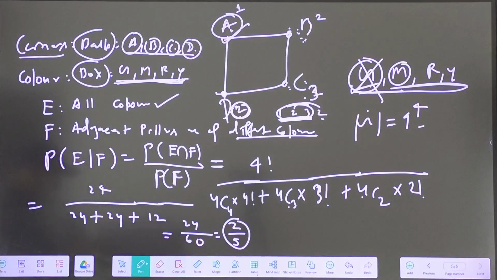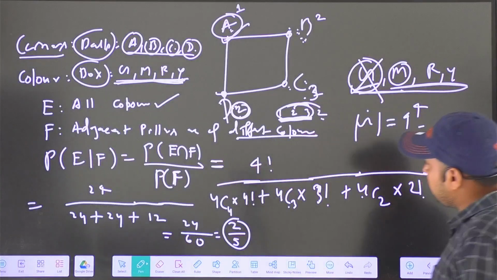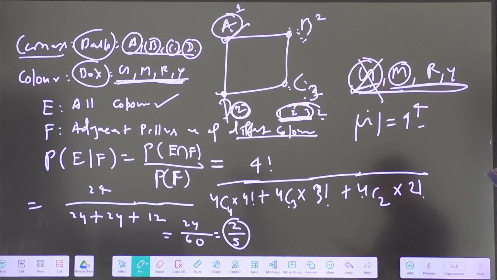What was your answer? I think I got something like this. I don't remember the answer exactly. Okay, so we have to think carefully here, that is the point.